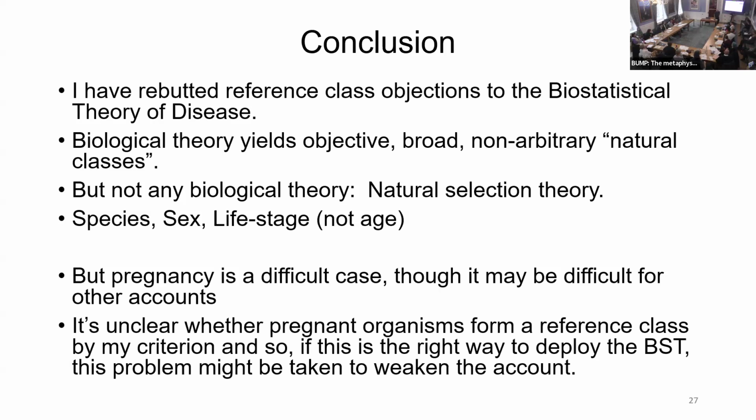Okay. Thanks. I thought that was great. So what exactly is the problem with considering pregnancy a life stage? I get that it's not a core feature of evolutionary theory, but it does have its own adaptations, like the placenta, for example.